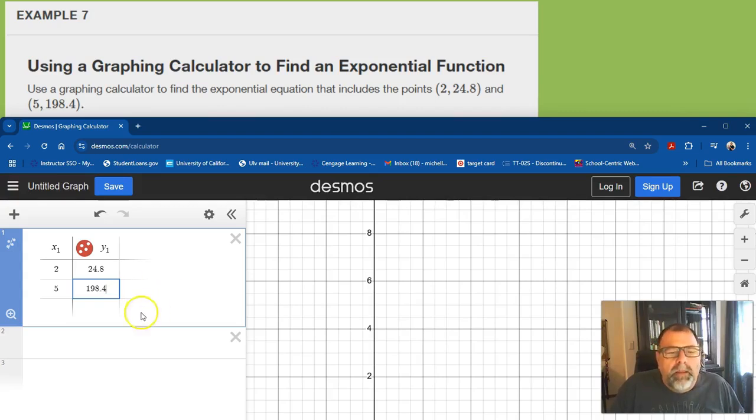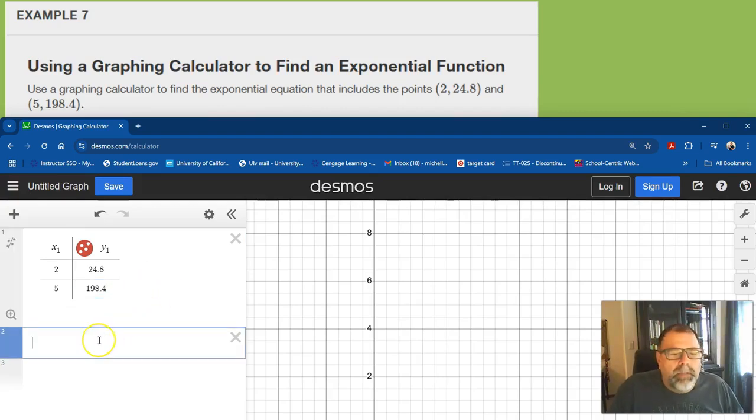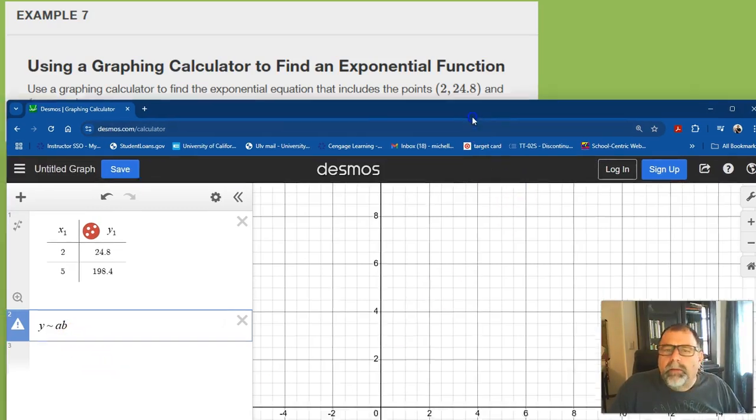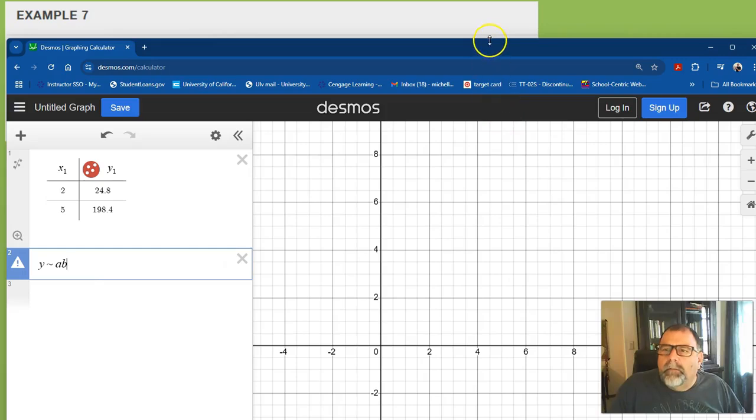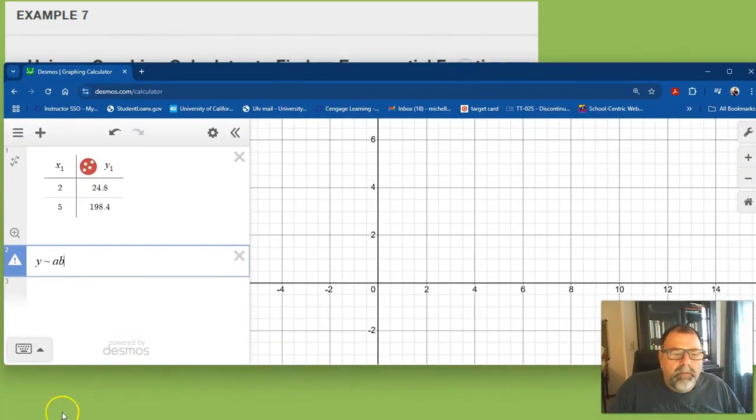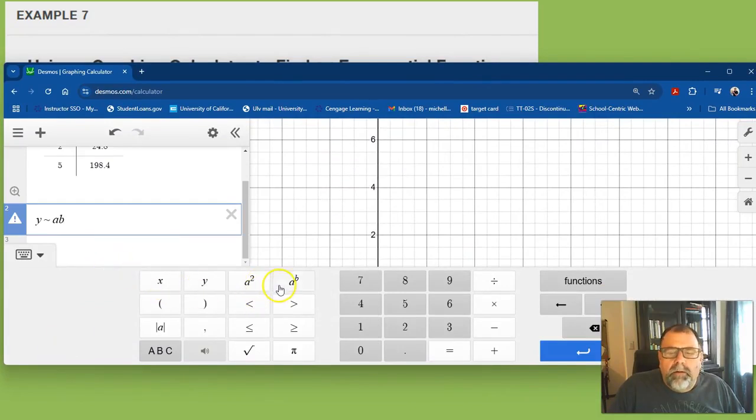And now what you're going to do here is you're going to say y, and then you're going to use the tilde button. And then you're going to put in the form a times b to the power x.